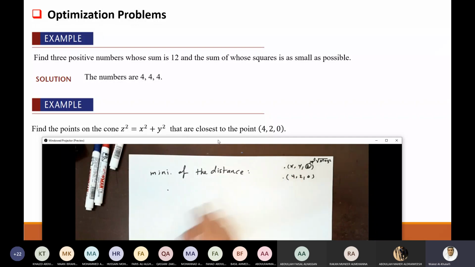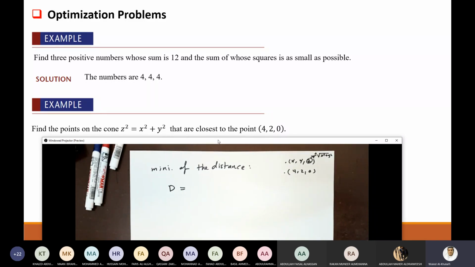What is the distance between these two? Let's call it D, for example. What is the formula for the distance? The difference between the x's squared: (x minus 4) squared plus (y minus 2) squared plus z squared.